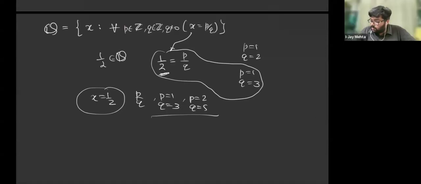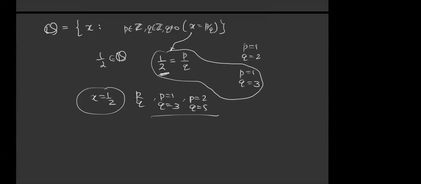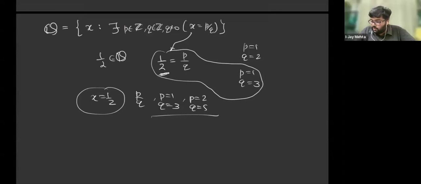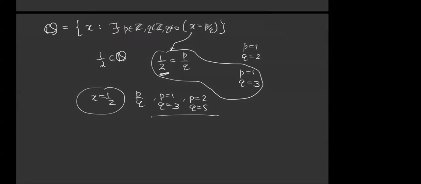Do you realize now? So here we write there exists some integer P and some integer Q, and Q is not 0. See, I put a comma. So there are 3 conditions: P is an integer, Q is an integer, and Q is non-zero. Okay, good.